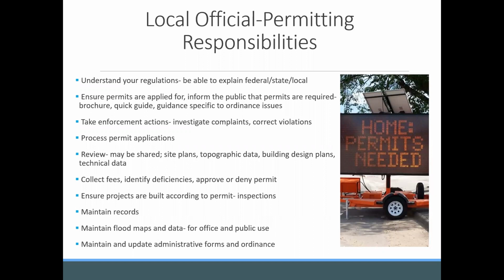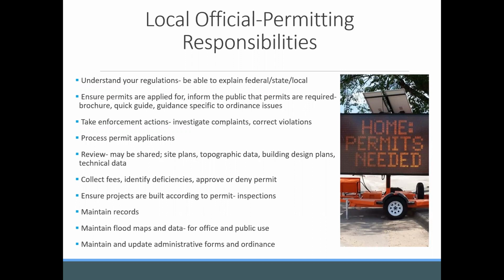So that may mean having other people look at it because there's technical data that you might not be familiar with in your background: site plans, the topographic data, the elevation certificates. So we have to evaluate that, what they plan to do, collect the fees, and then follow up and get any missing information. And then we have to approve or deny the permit.